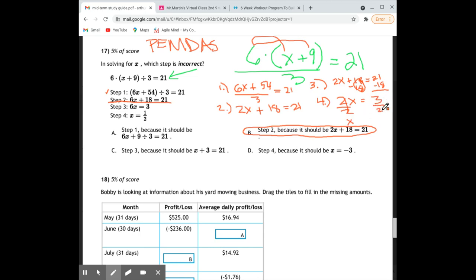And 3 divided by 2. So x is going to be what? 3 halves, or what? What's 3 divided by 2? 1.5, correct.